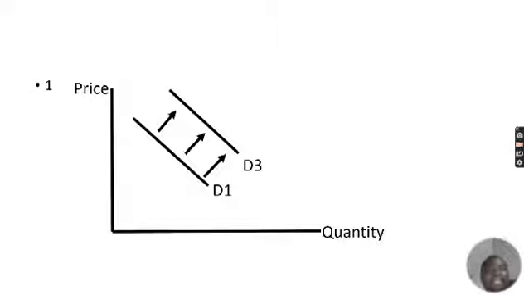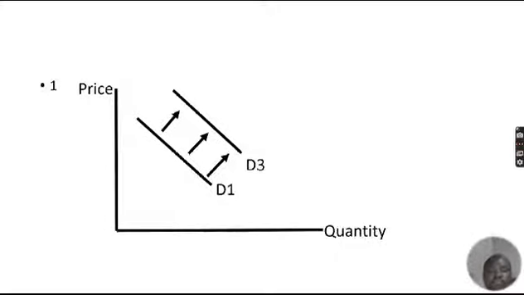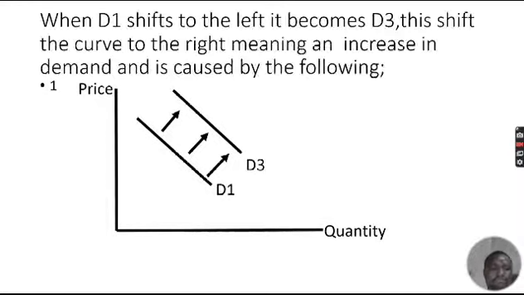Okay, let's see that. Wow, I can now see D1. Yeah, I'm thinking correctly. I can see D1 has now gone up to the right. It has become D3. What does that entail? When D1 shifts from D1 to D3, is that shifting to the left or right?